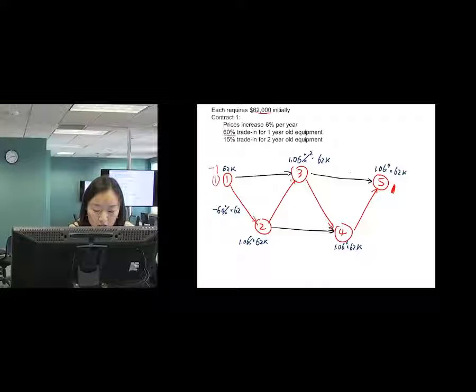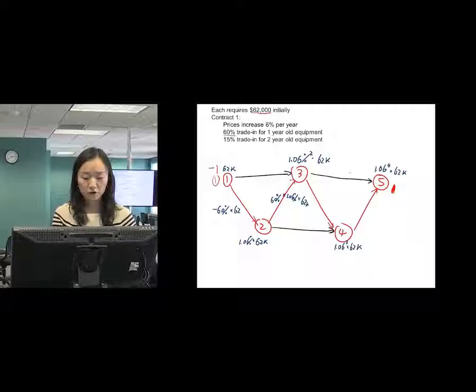Then if you go here, this path means that you are trading, so you get the new equipment here, and then you are trading after 1 year again. So that's 60% times whatever you paid for at this point. Remember why I use this value: you are already considering new equipment that you acquired at this point. So it should be this value here times 62K.